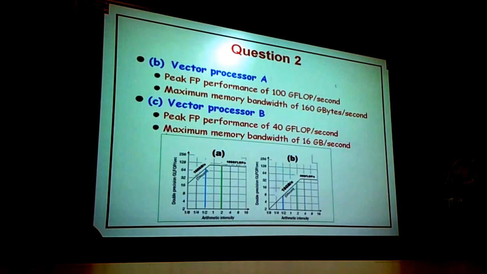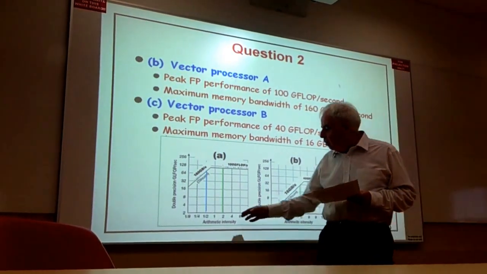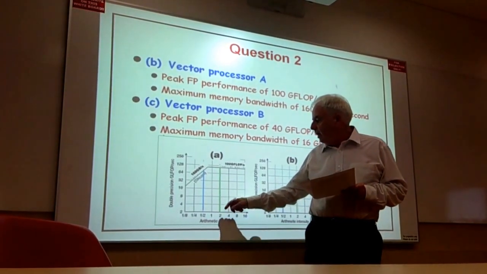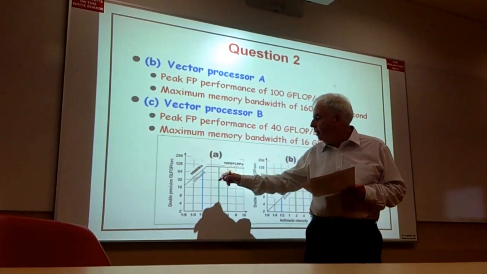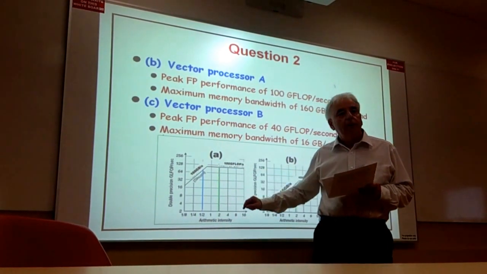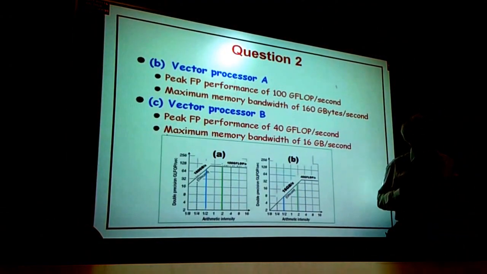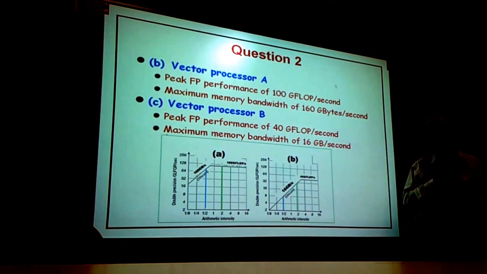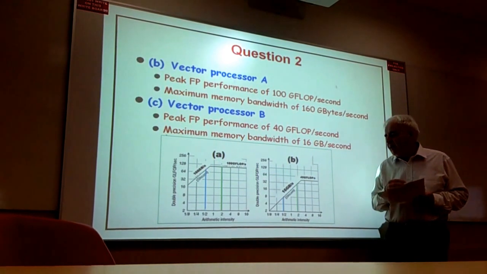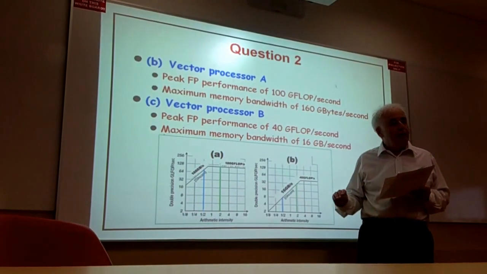You can see that at a low arithmetic intensity, it's going to be constrained by the memory bandwidth. At a higher arithmetic intensity, because you can execute more gigaflops per gigabyte, it's not going to be the memory bandwidth which is the constraint, it's going to be the peak FP performance.